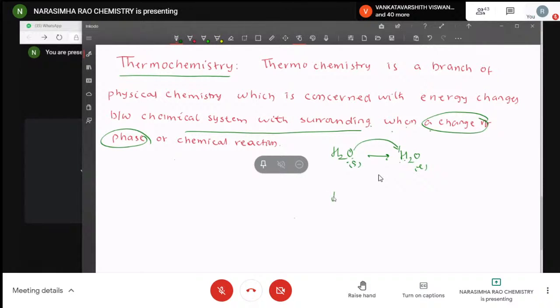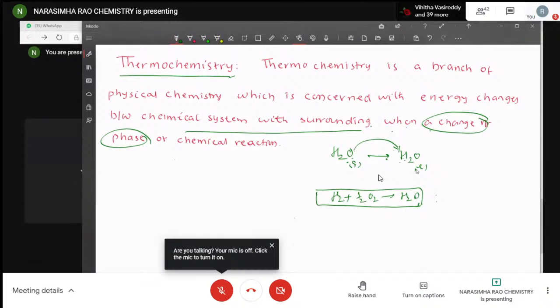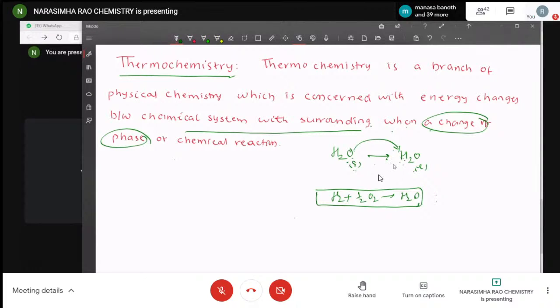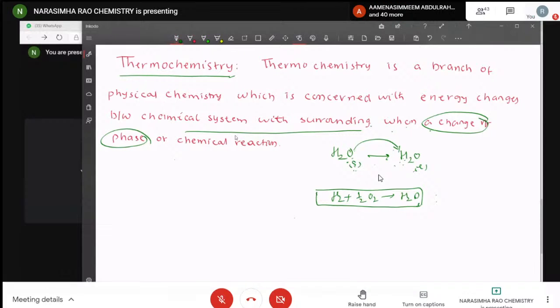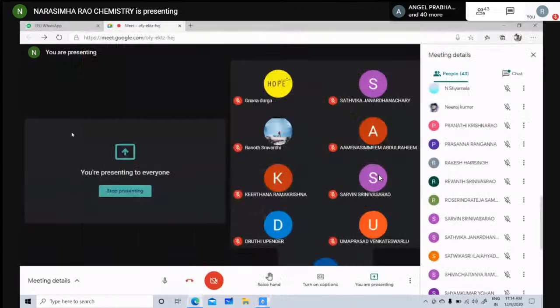Or a chemical reaction, H2 plus O2 gives H2O. During this chemical reaction, the energy changes observed can be explained on the basis of thermochemistry. Energy changes during phase transformations, solid to liquid, liquid to solid, solid to gaseous, gaseous to liquid, whatever the phase changes, are also dealt with in thermochemistry. Children, it's clear? Yes, sir.